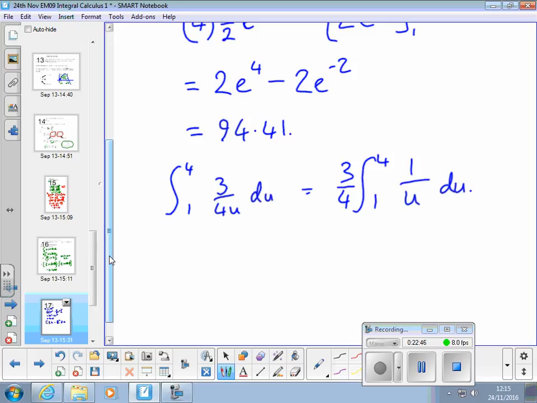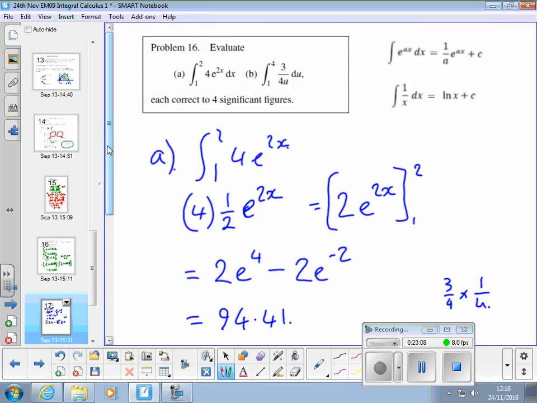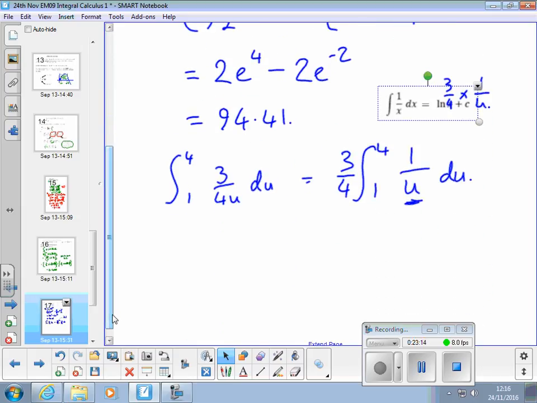Because another way to write that is 3/4 times 1 over u. Now we've got that looking like that, we've got an entry in the table for it. Yep. Which is that one, the bottom one there.